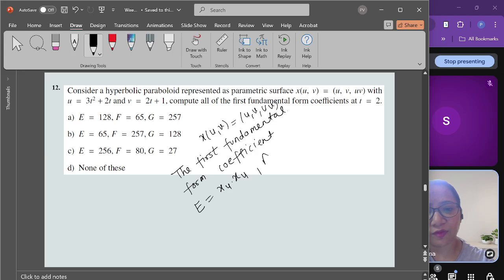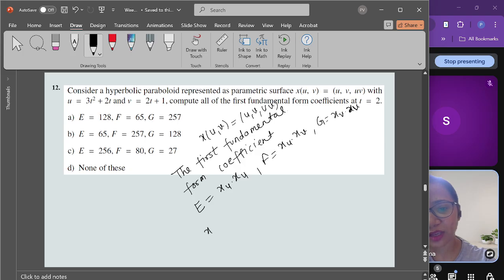F we represent as x_u dot x_v, and G is the first derivative with respect to v, dotted with itself. It is a simple representation. First we need to find the first derivatives with respect to u and v.